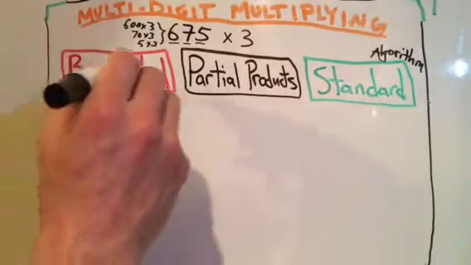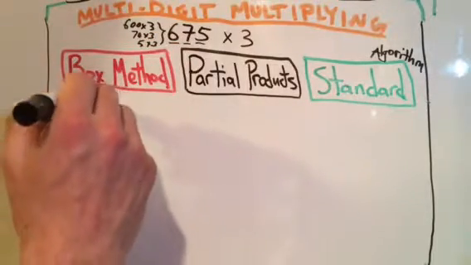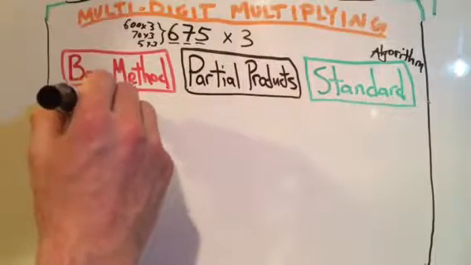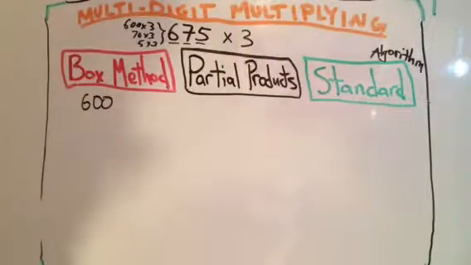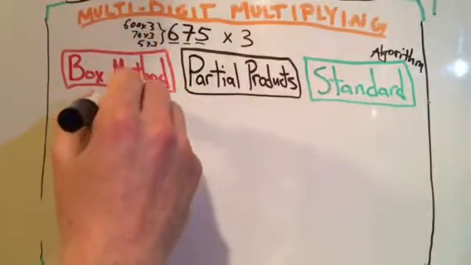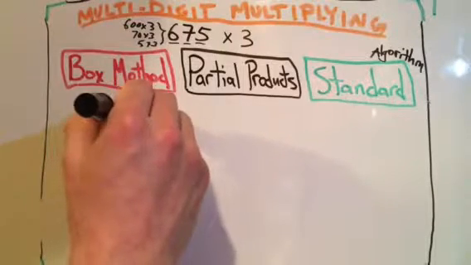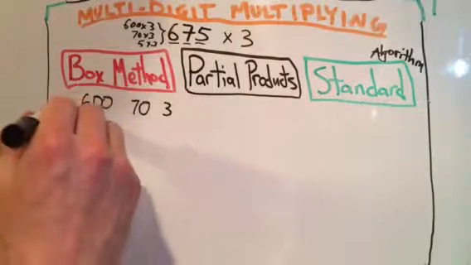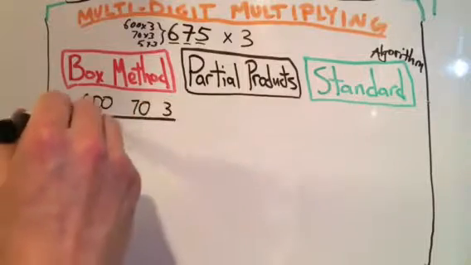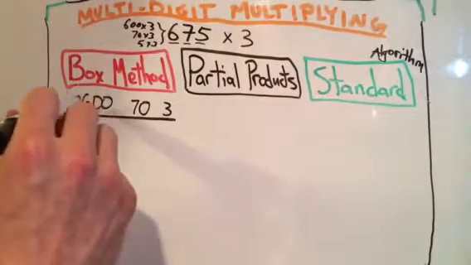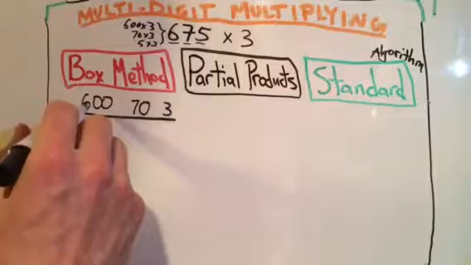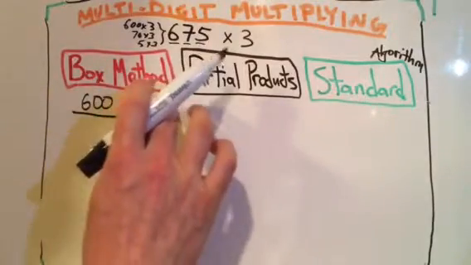When you multiply 675 times 3 using the box method, you first take a look at how many place values you have, and you set up, I usually set up the larger number on top. Whoops.